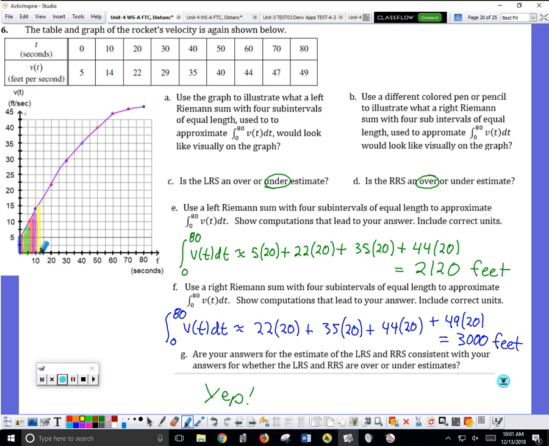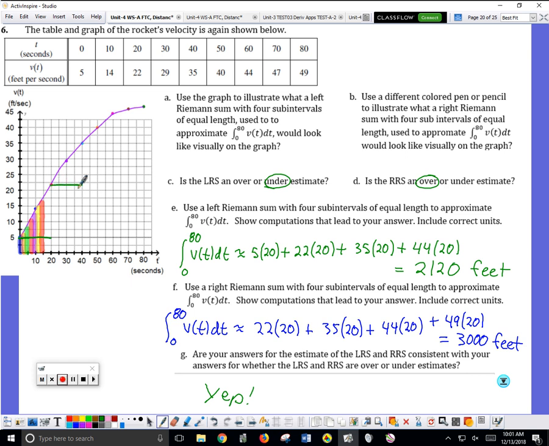When I make my approximation, it's as though I ignore all of that and just pretend the velocity is 5 for an entire 20 seconds. So my plot ends up looking like this, just straight across for 20 seconds. Then for the next 20 seconds, I'm at a velocity of 22.